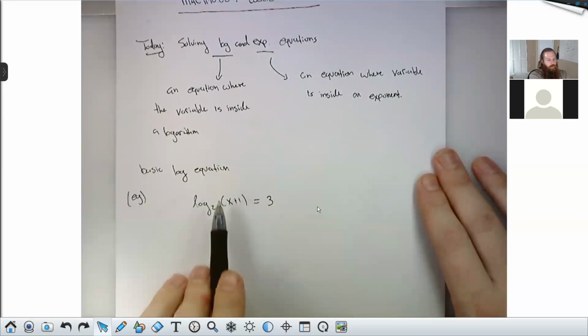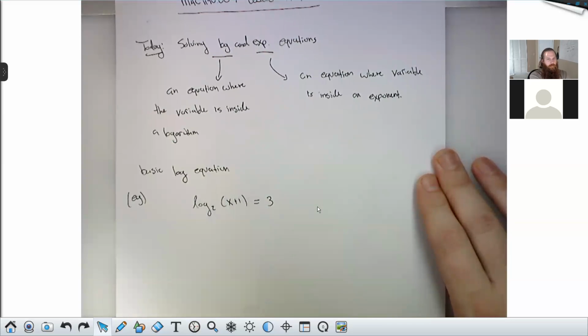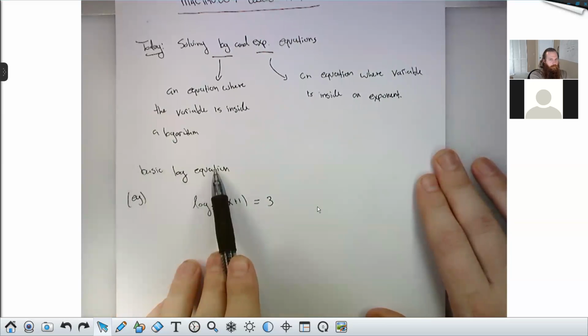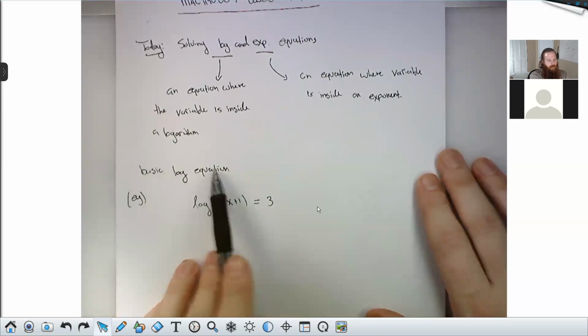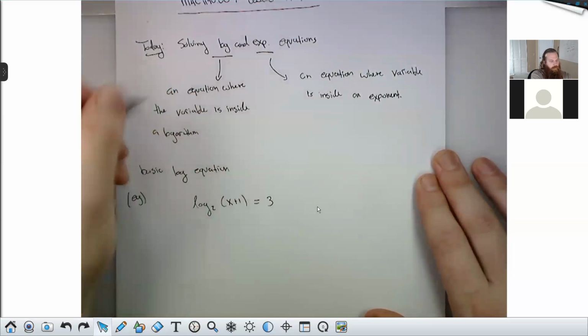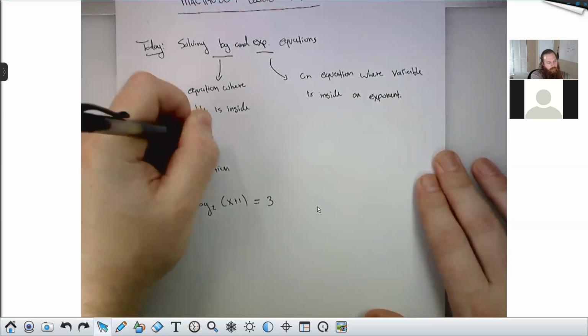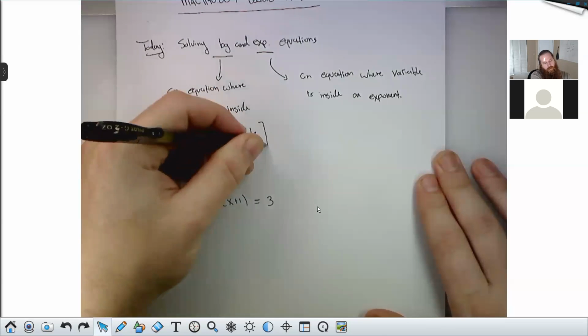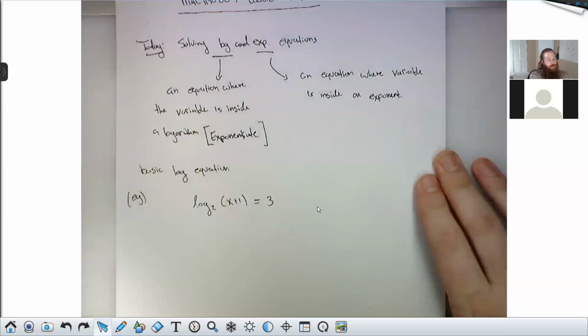So the variable you want to solve for is trapped inside a logarithm. The way we undo a logarithm is by exponentiating. So to solve all log equations, the thing you need to do is exponentiate, because that's how you undo a log.